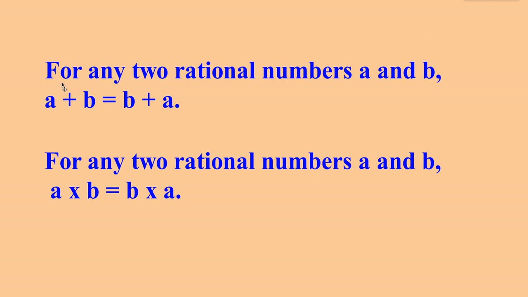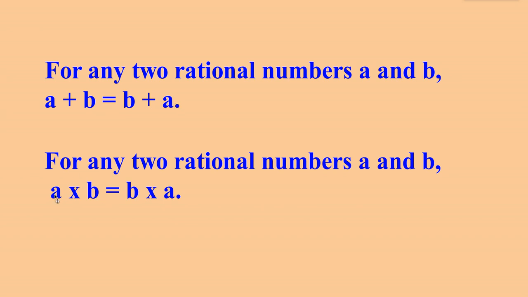Now, let us see the next property. For any two rational numbers a and b, a plus b is equal to b plus a. Or for any two rational numbers a and b, a into b is equal to b into a. That means if you have two rational numbers a and b, if you add them, a plus b or b plus a, you will get the same answer.